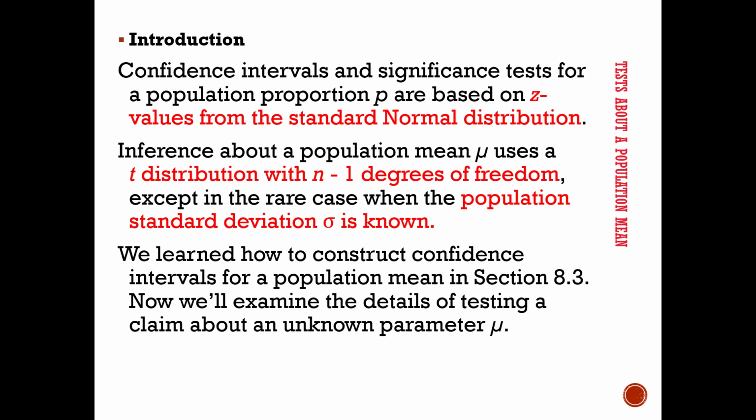Except in the rare case when the population standard deviation, sigma, is known. And I think I've mentioned this a couple times in class. That's a really weird case. It probably won't pop up that often. We learned how to construct confidence intervals for a population mean in section 8.3, and now we're going to be doing this testing part.